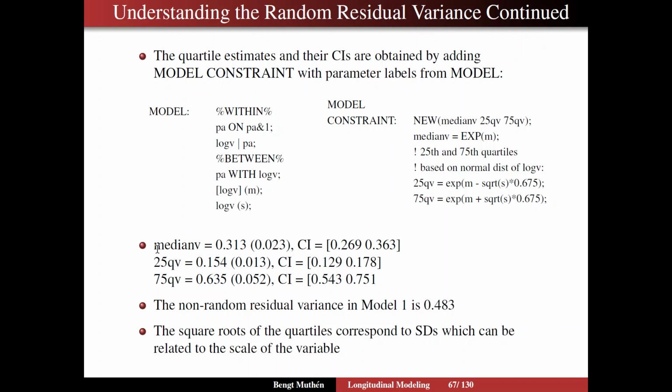It turns out that the median V is 0.31, with this CI, and that's the 50% quartile. The lower, 25th quartile for V is 0.15 with that CI, and the 75th is 0.635. We compare that to the non-random fixed residual variance in Model 1, which is 0.483.